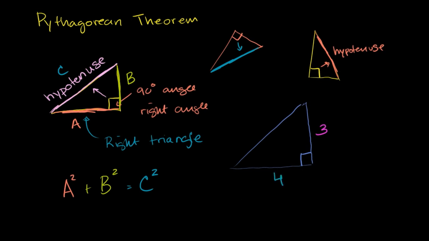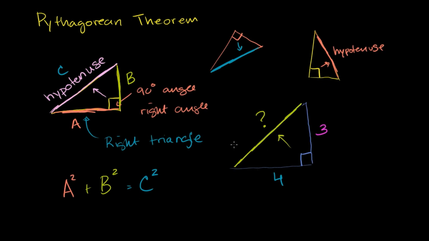And they want us to figure out that length right there. Now, the first thing you want to do before you even apply the Pythagorean theorem is to make sure you have your hypotenuse straight. You make sure you know what you're solving for. And in this circumstance, we're solving for the hypotenuse. And we know that because this side over here is the side opposite the right angle.